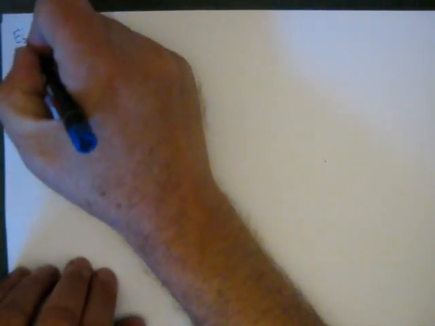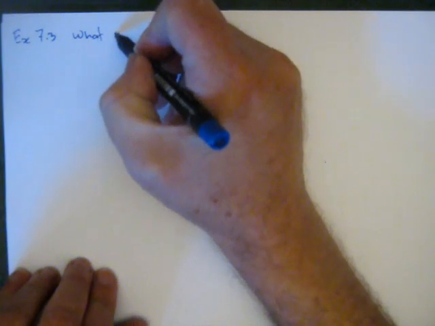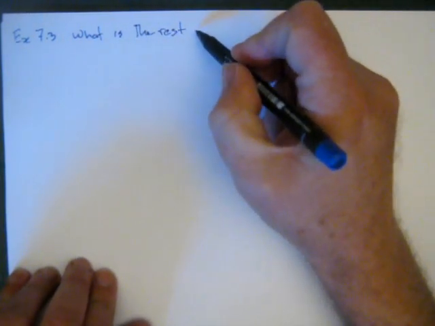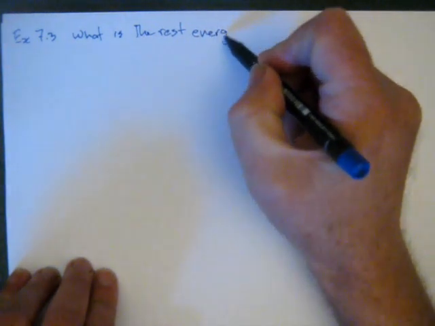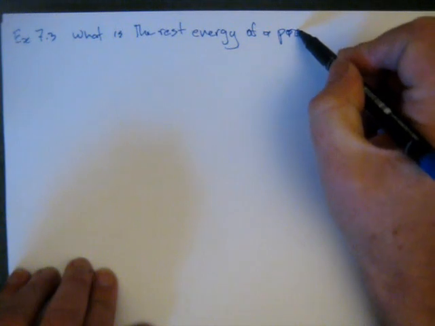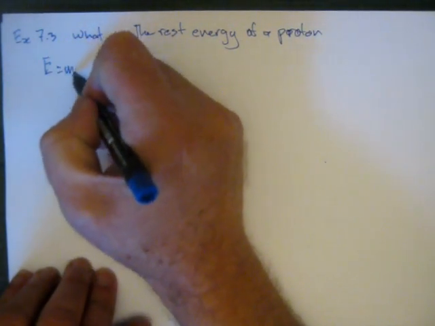So let's do a couple of exercises. Let's do exercise 7.3. What is the rest energy of a proton? Using special relativity, we go E equals mc squared.